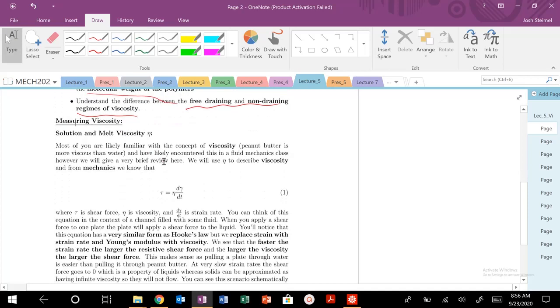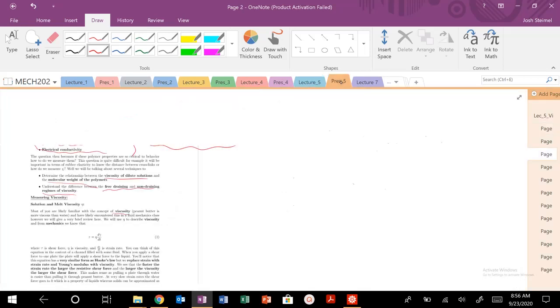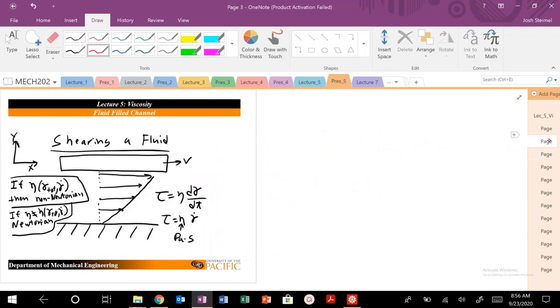Hopefully you remember from fluid mechanics. I think everyone should be familiar with viscosity. Peanut butter obviously is more viscous than water, and from your mechanics lecture, I love this. I'm not a fluid mechanics person, but I definitely still remember this expression. If we have two plates, a fixed plate here and a plate here with a fluid in between, and I pull at some velocity, I'm going to create this fluid flow diagram.